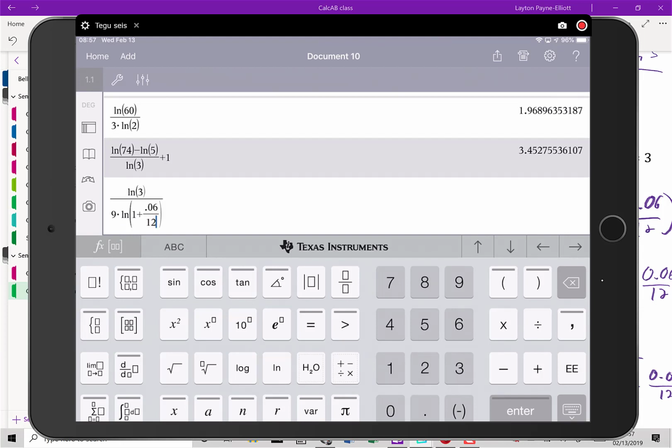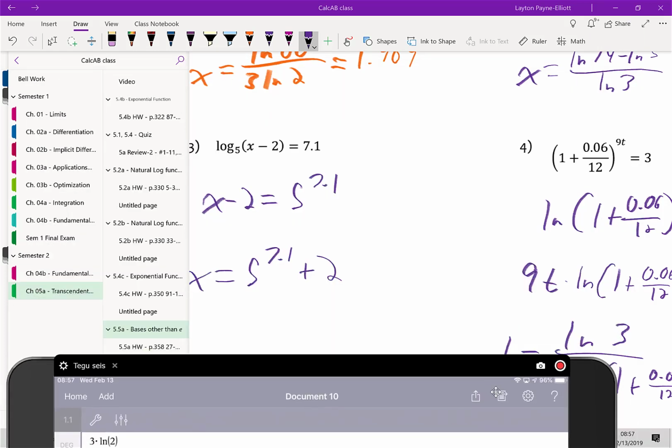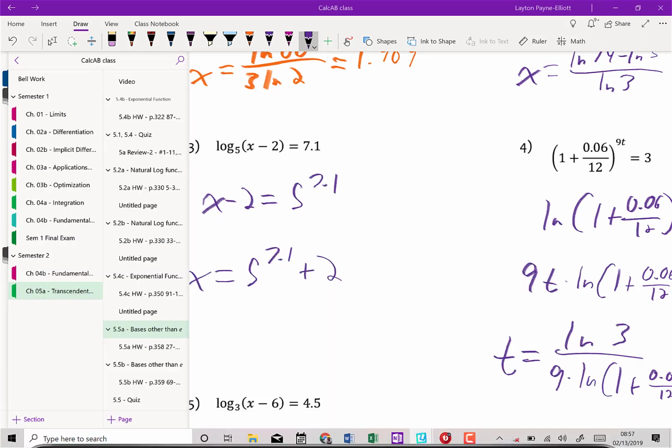Is that right? Okay, we get 24.475. By the way, Josh, if I press the H2O button, it's not doing anything. Okay, so 24.475.